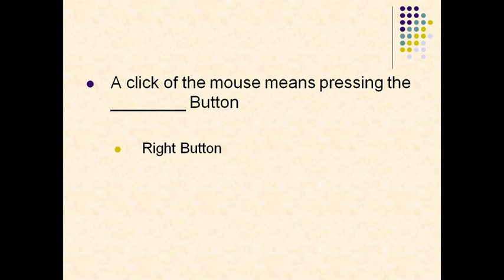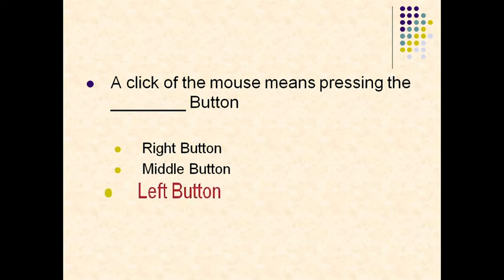Now the third question: the click of the mouse means pressing the dash button. Which button? Options: right button, middle button, left button. What is the answer here? Left button. Okay students, which I have already discussed in the class.